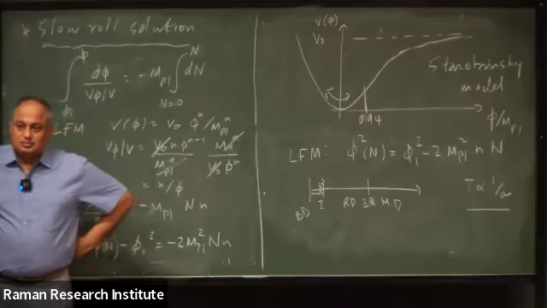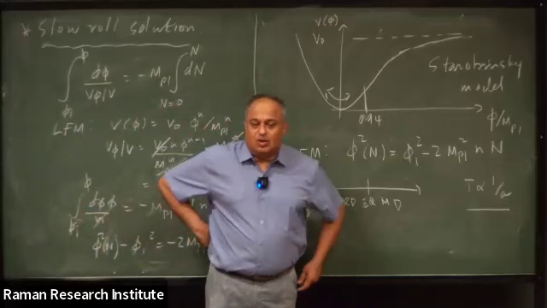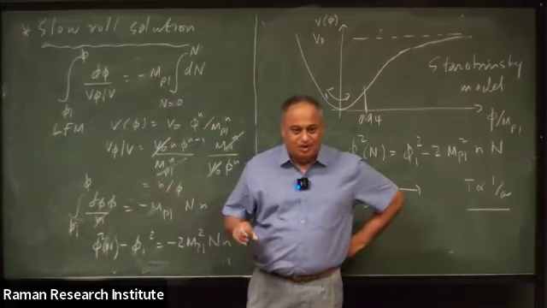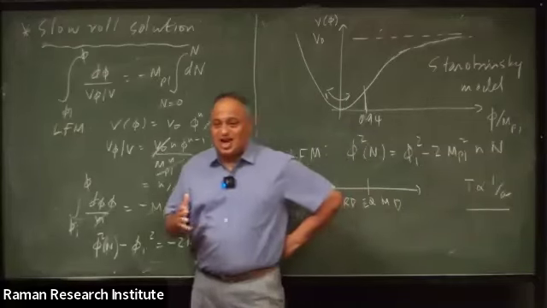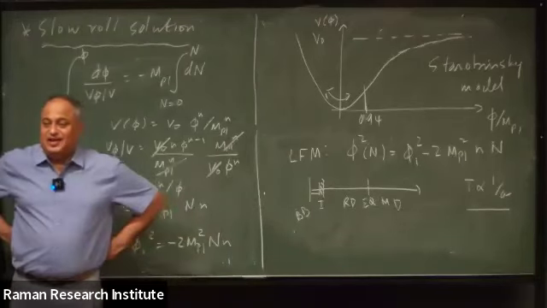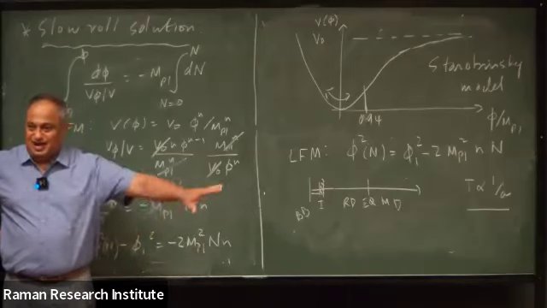Could you please tell again why one takes phi double dot to be much less than 3H phi dot, the second slow roll condition? Phi dot squared being much, much smaller than V ensures inflation. But we don't want to just ensure inflation. We want to ensure that it lasts sufficiently long as well, which means essentially the field should not accelerate too much. Otherwise, it will run away and end inflation.